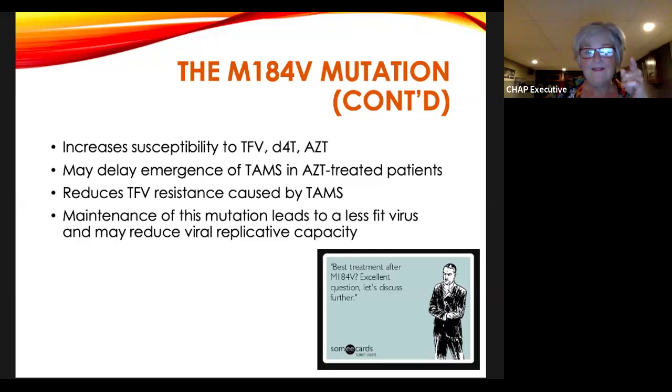And if you maintain this mutation, it definitely leads to a less fit virus that has a reduced viral replicative capacity. This is important, especially in people that you really are running out of options for.